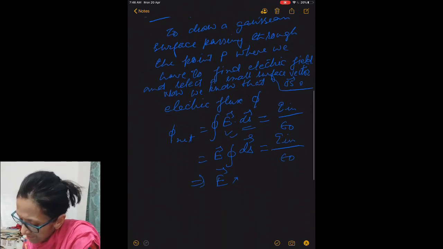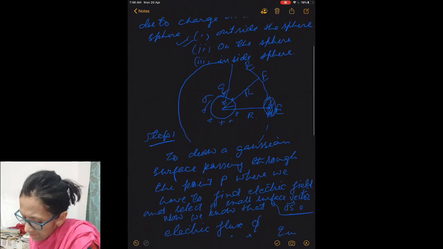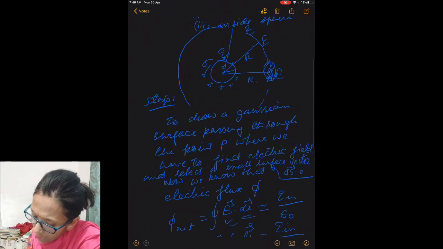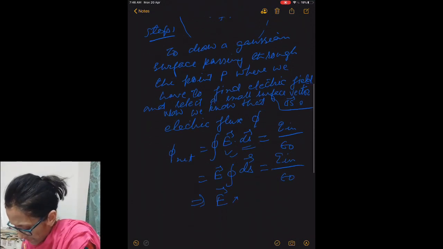Suppose that surface area is del S vector. When you integrate over the whole surface, it becomes the surface area of the Gaussian surface.